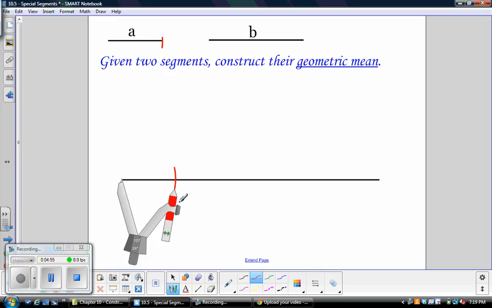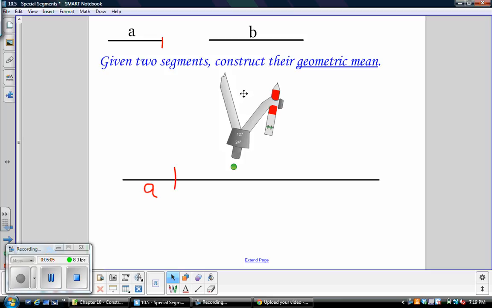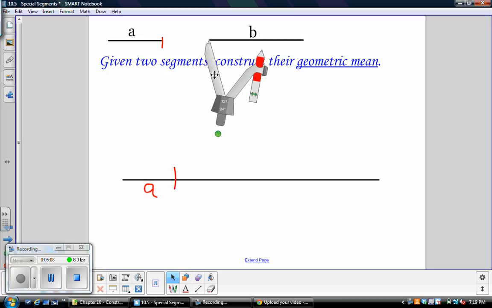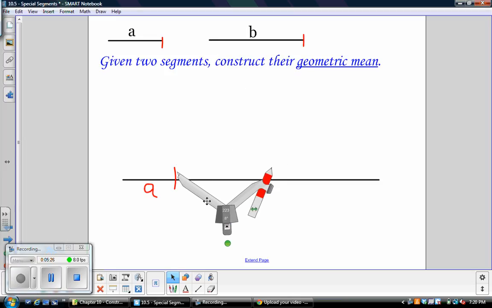Okay, now that is A. Now, mark off B. Go up, open up your compass so that it is the length of B. Go over here. This is the length of B.